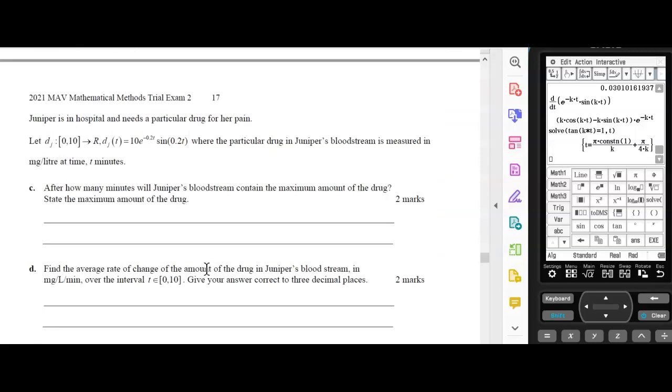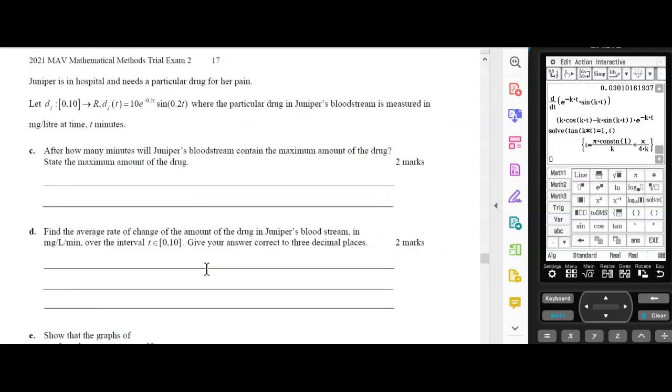Juniper is in hospital and needs a particular drug for her pain. Let D, we've got a restricted domain, where the particular drug in Juniper's bloodstream is measured in milligrams per litre at time t minutes. After how many minutes will Juniper's bloodstream contain the maximum amount of the drug?